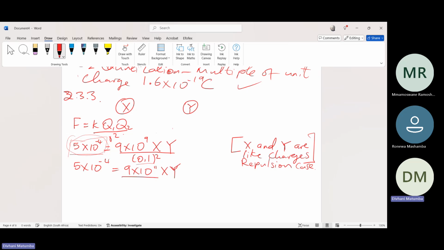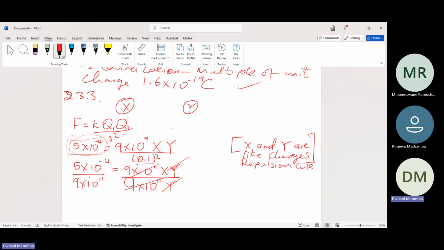Now to make x the subject of the formula, I'm going to multiply by 9 times 10 to the power of 11 y, both sides. Y and y will cancel, and these two will cancel.